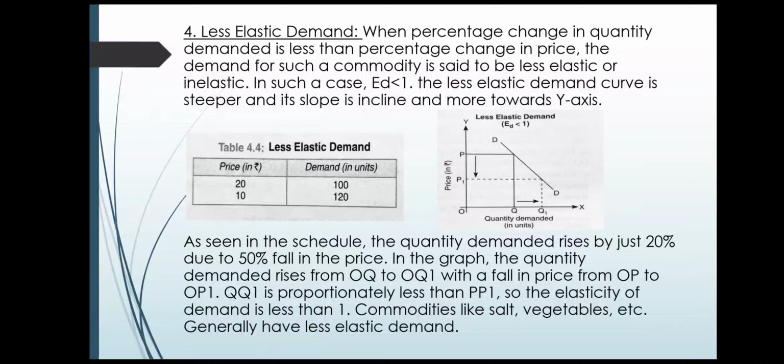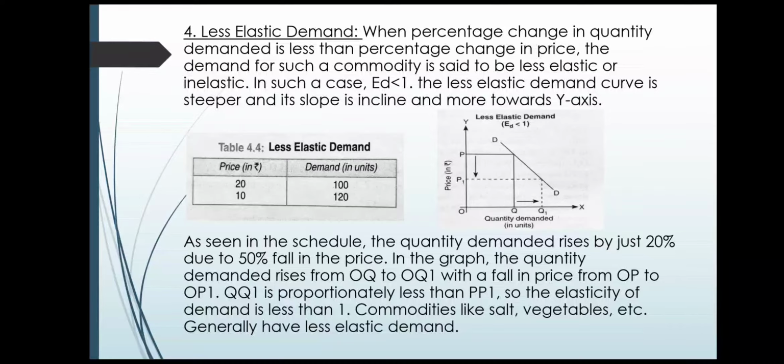As you can see in the schedule itself, price has decreased from 20 to 10, but the demand is increasing by a very small amount. It increased from 100 units to 120 units.